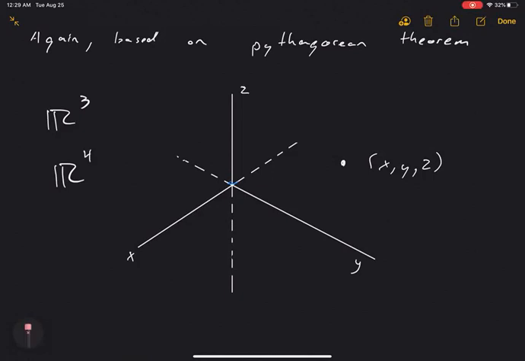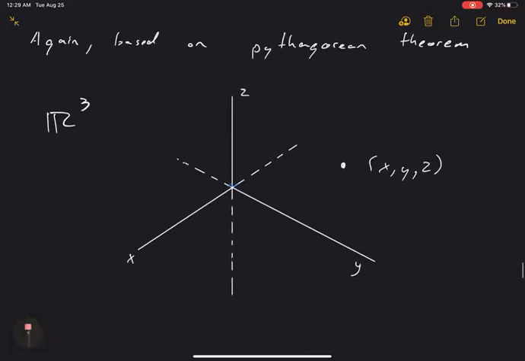Everything we've done so far is still true for those higher dimensions. The only problem is we can't really picture those higher dimensions, right? R3 is about as complicated as we can imagine. So we're just going to stick with R3 just because that's the easiest thing to picture in this course. Okay.